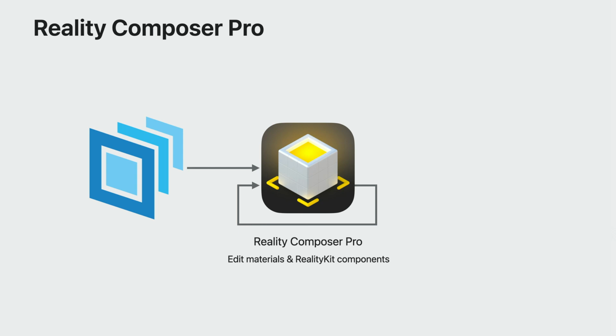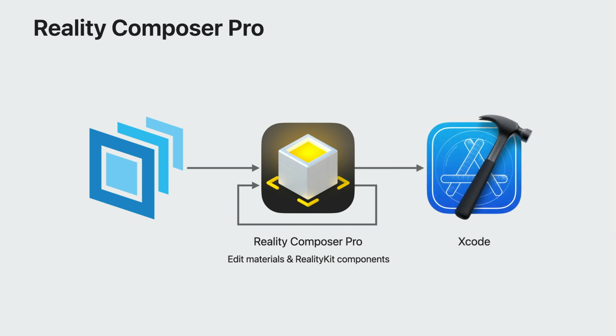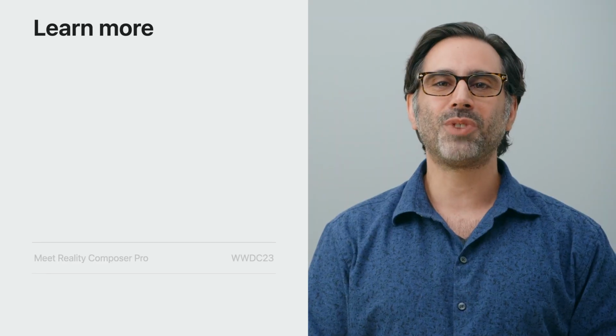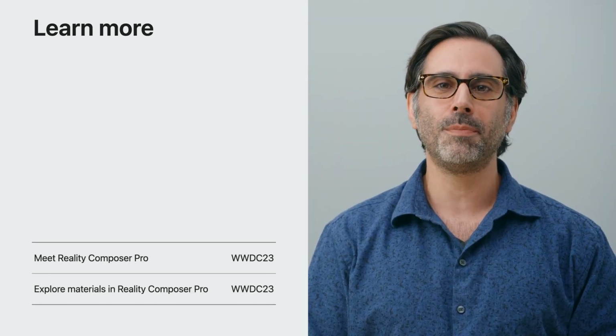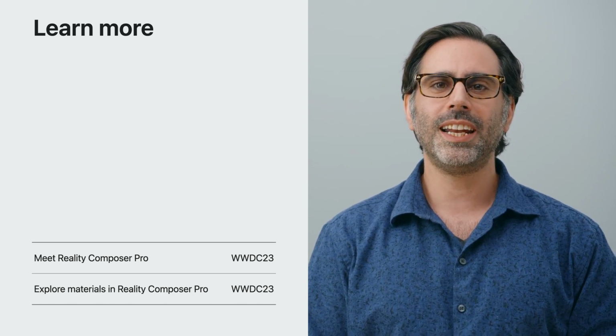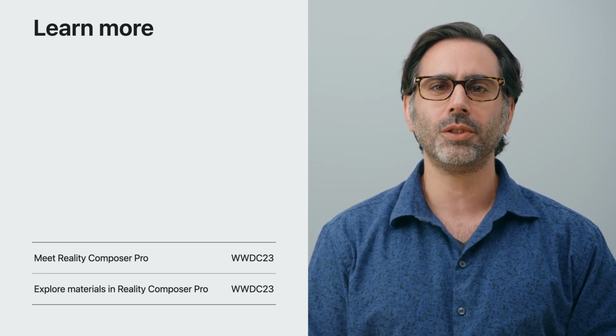And finally, you can import your Reality Composer Pro project directly into Xcode, allowing you to easily bundle all of your USD assets, materials, and custom components into your Xcode project. We have some great sessions to help you learn more about Reality Composer Pro and how to build your own custom materials for spatial computing.